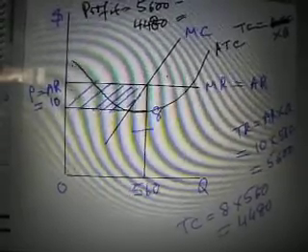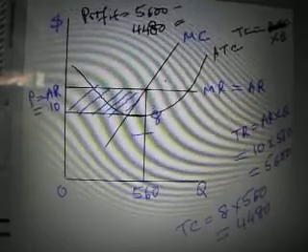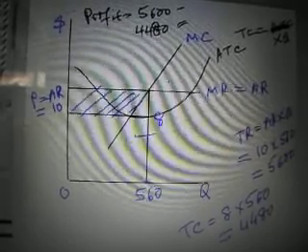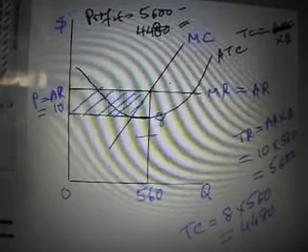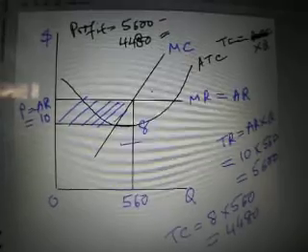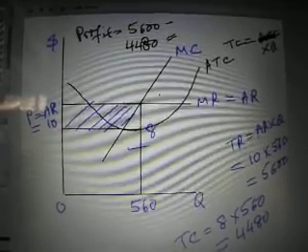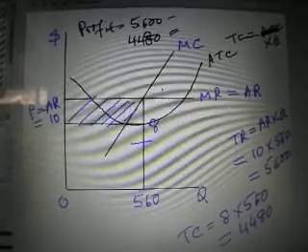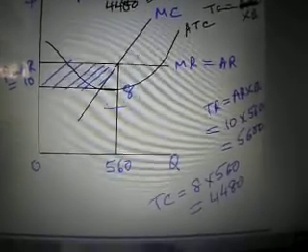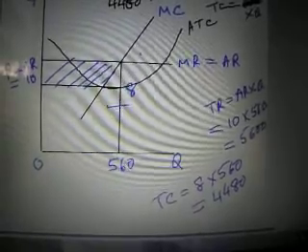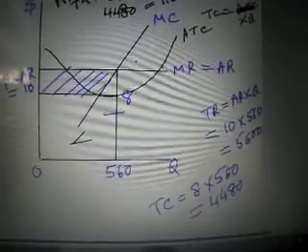Sean, you do it right this time. 5600 minus 4480 equal to 1120. So the profit is equal to 1120. Another way to look at it is this farm is making $2 per unit, right?